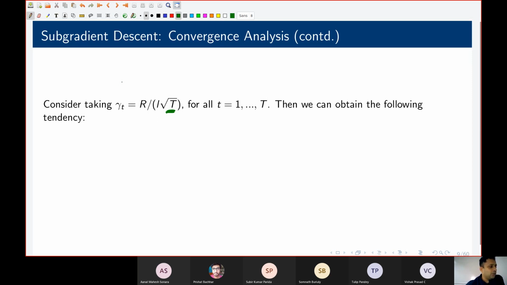Let's write down the full expression. What's the full expression? Sorry. Thanks for pointing out. This is small t. With gamma t equal to r by L square root t, what do you get?